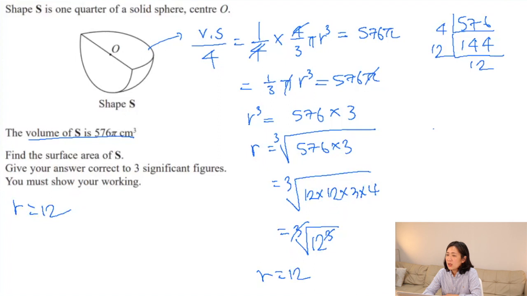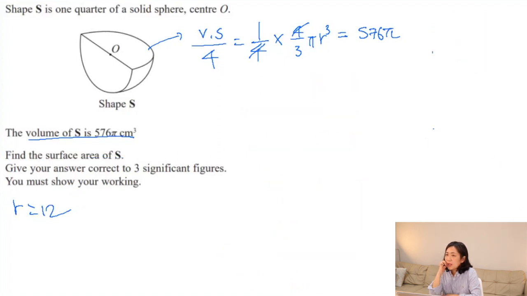So R equals 12. Then using the missing value, we need to come up with the surface area of the shape S. How can you find the surface area of the shape S? First of all, we need to identify the area. It has two sections, right?